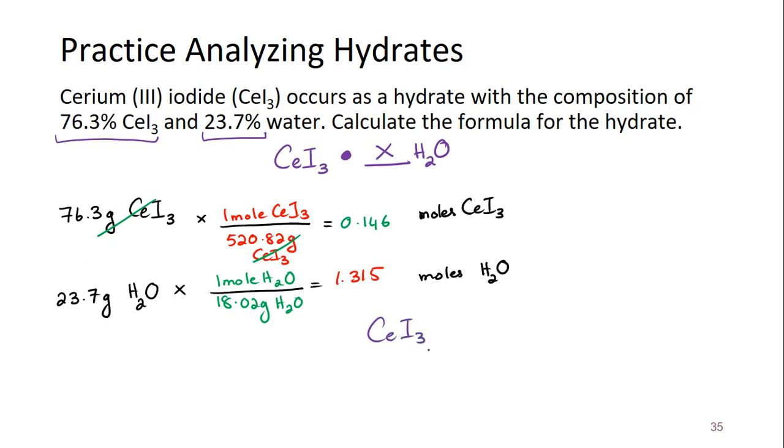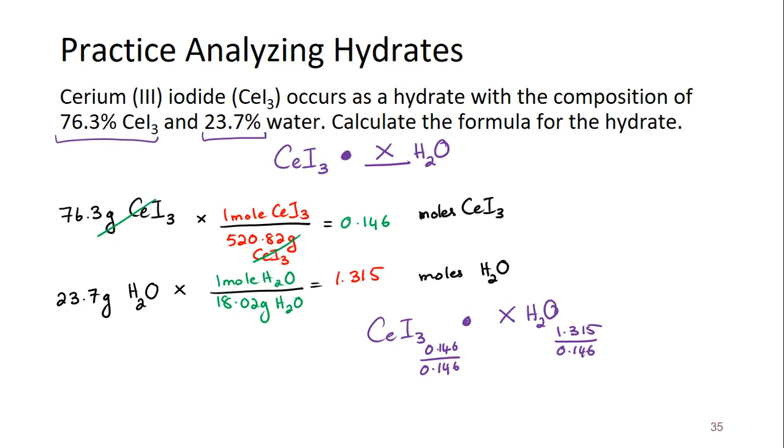CeI3 is 0.146, you write the dot, then you write x H2O, and this is 1.315. Remember, you have to divide everything by the smallest mole value, and the smallest mole value is 0.146. So 0.146 is what you divide both things by.